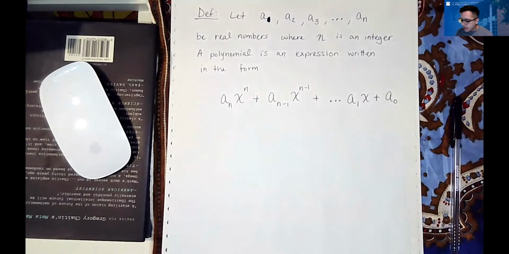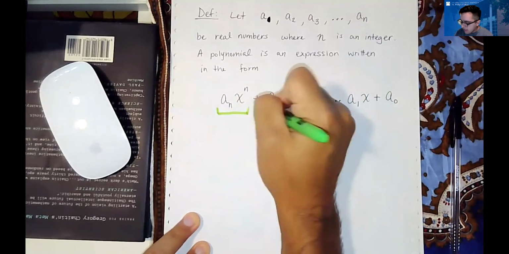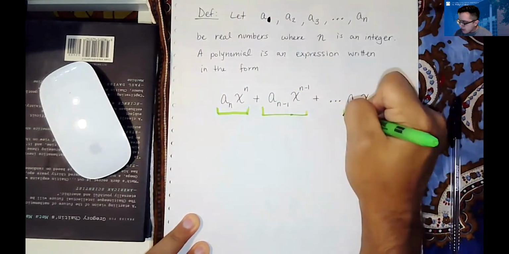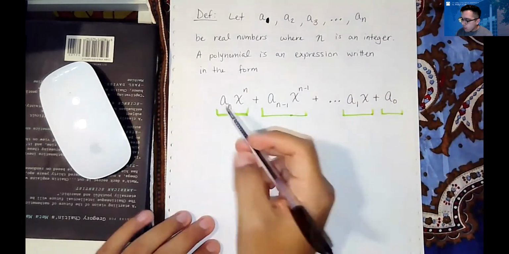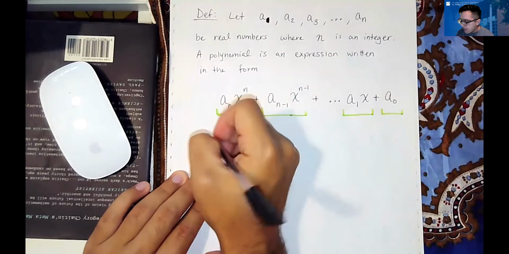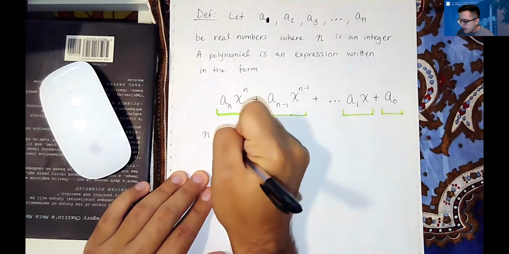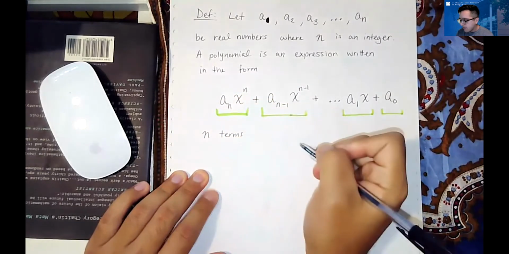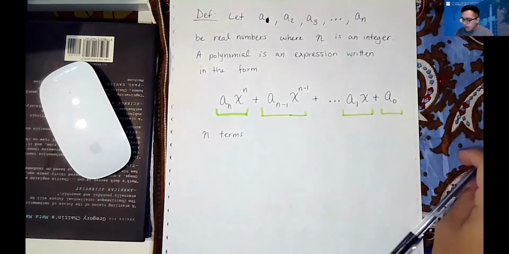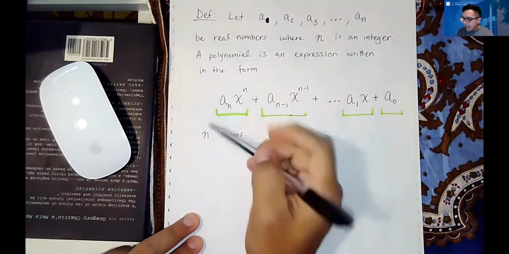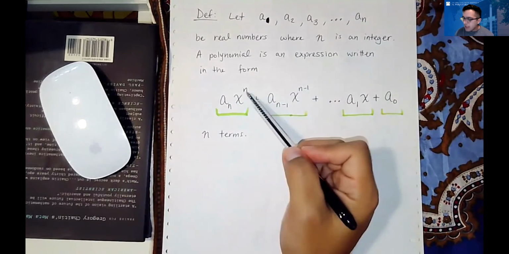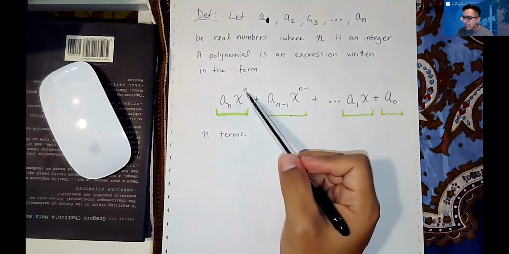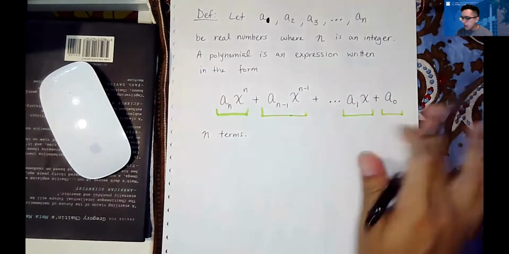So if you think about this as a polynomial, each of these guys is a term. And what this formulation is trying to show you is that there are n terms, and this n, even though we don't have a number for it yet, is going to be the highest exponent on any of the variables, because we're counting down as we go through these terms.